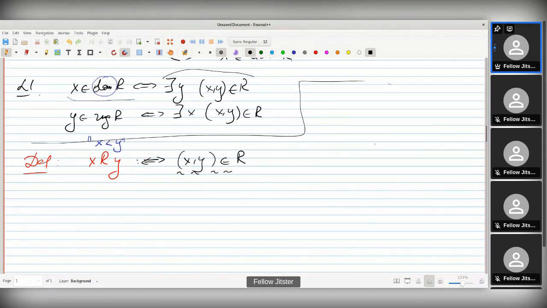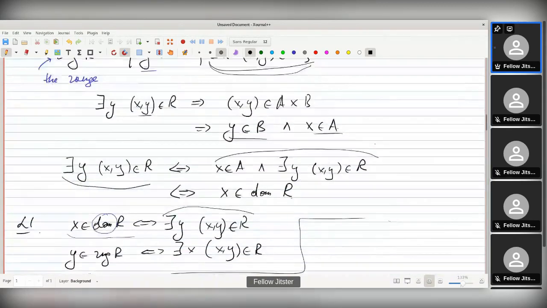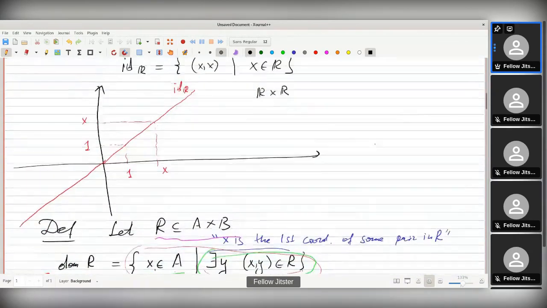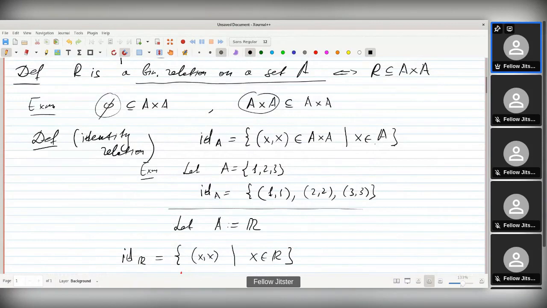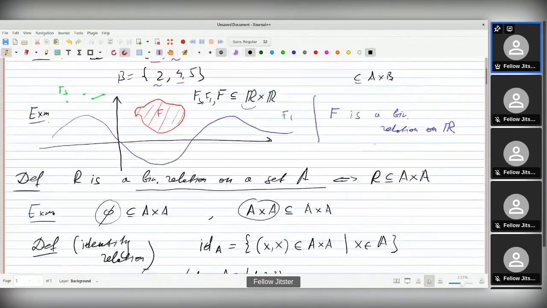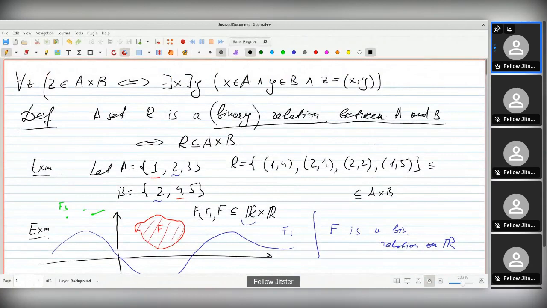With this in view, let us compute domains and ranges. So assume that we are interested in this our relation. Say this one. What is the domain of R? The domain of R must be the subset of A every element of which is the first coordinate of some pair.